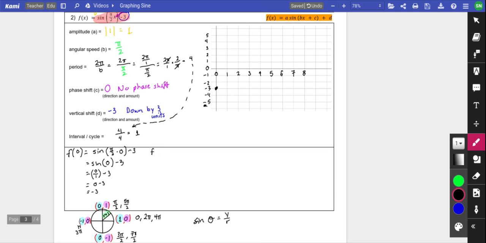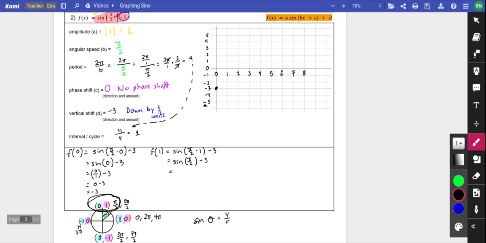We repeat the process. Now we plug in 1, that's the next value on the x-axis. So sine of, we multiply the numbers inside the parentheses. We get sine of pi over 2 minus 3 equals, pi over 2 is the number at the top.